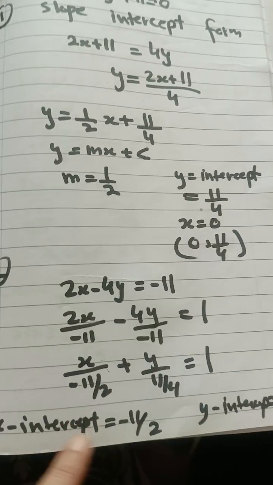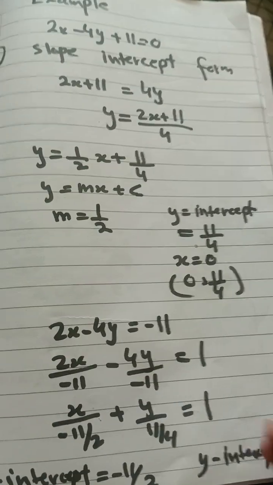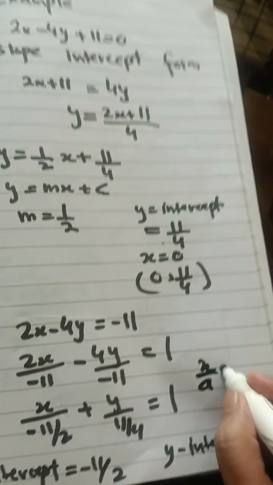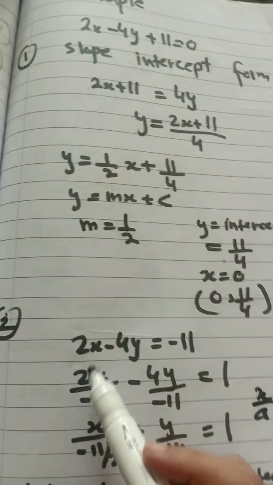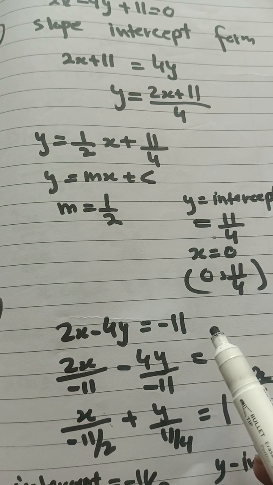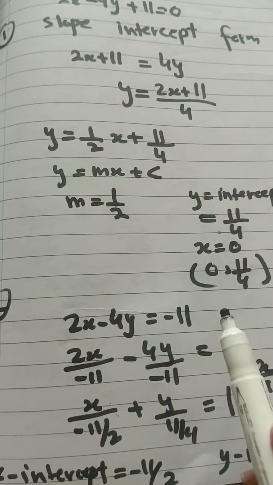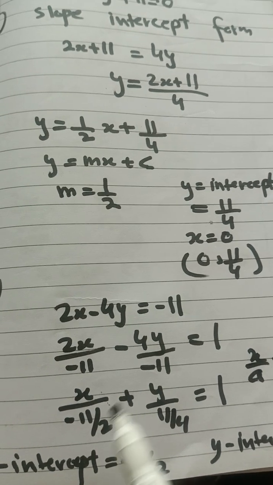Second, the intercept form or two intercept form, which is x over a plus y over b is equal to 1. So we take 11 to the right side of the equation, minus 11 on the right side, and then we divide both sides by minus 11. Why minus 11?